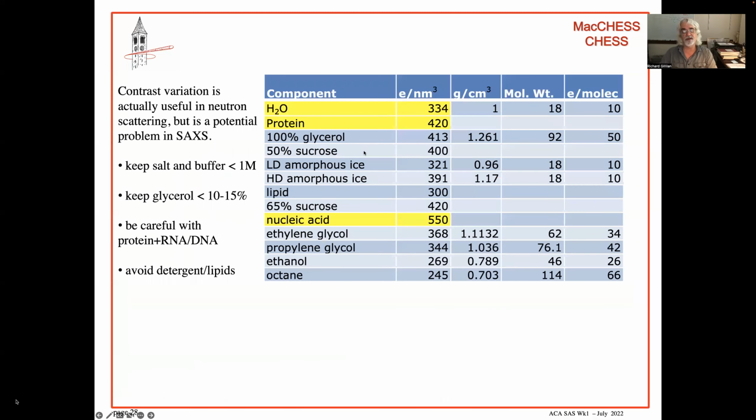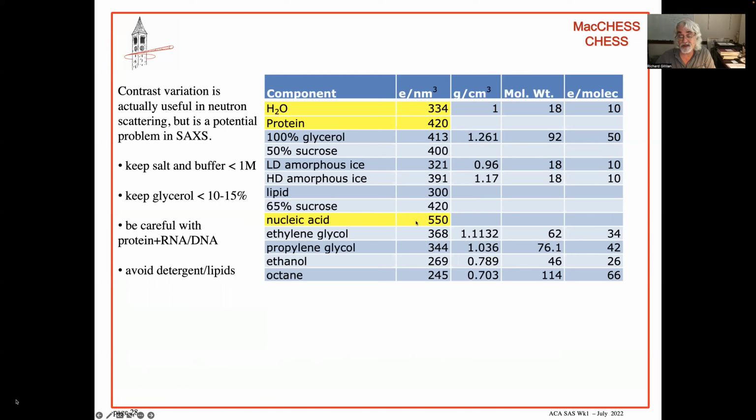So if you calculate the electrons per unit volume in different things, water is 33.4, and protein, you see, is 420. It's close but higher, right? So the difference between water and protein, the delta, is the contrast.